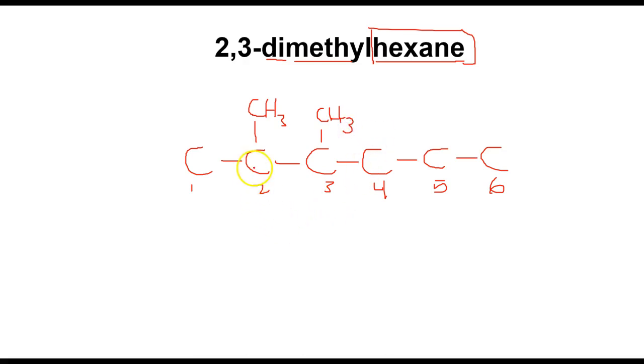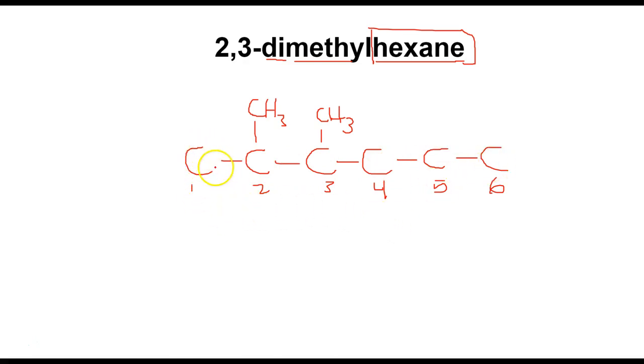So 2,3-dimethylhexane: 2, 3 means there's 1 coming off of 2, 1 coming off of 3. Dimethyl meaning that there are 2 of them. Methyl meaning it's a single carbon branch. Hexane meaning 6 carbons in a row for our chain.